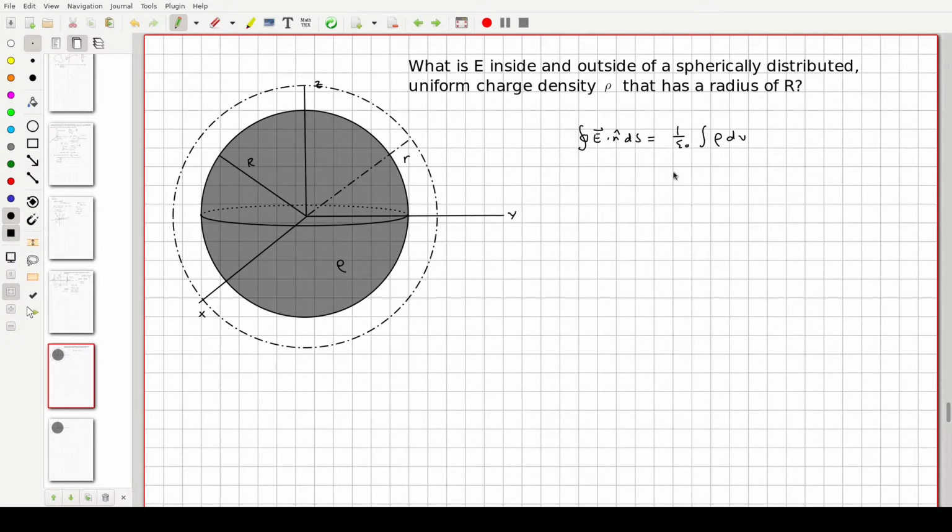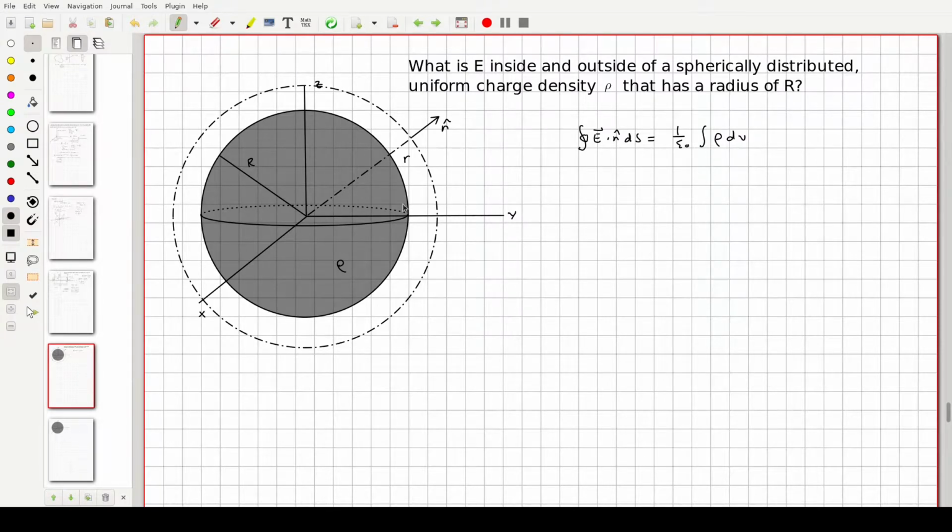Now, let's talk about the left-hand side first. If you look, this is the direction of out for my surface, so this is the direction of n hat. But this is also a uniformly distributed sphere of charge, so I would expect the electric field to look a lot like the electric field due to a point charge.